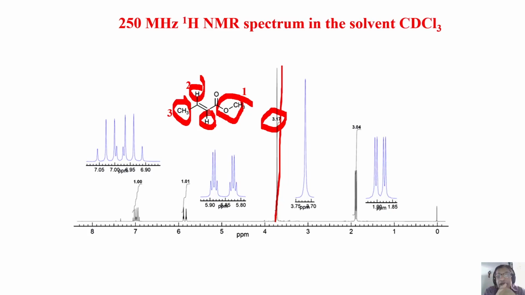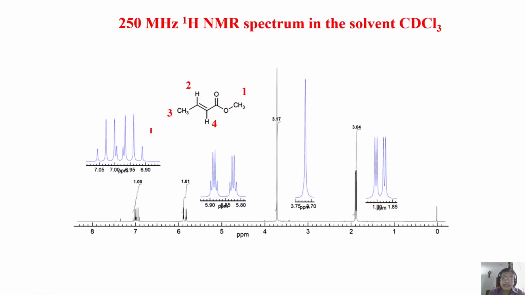It was very easy to analyze. But now, look at this, in this high field region, you are seeing a spectrum with 4 lines of equal intensity. Why is this coming? What is this peak corresponding to? You simply look at this molecule, you will understand.